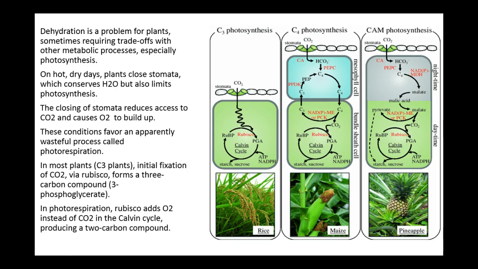So if we look at the images here, the first one is a rice plant, the second one's corn, and the third one's pineapple. In the photosynthesis of the C3, you have carbon dioxide moving in and turning the cycle, and the byproducts are starch and sucrose. In C4 plants, the ones in the middle, you have a little bit different design. You have this mesophyll cell. The C3 has a mesophyll cell also, but this mesophyll cell in C4 has a slightly different compound.